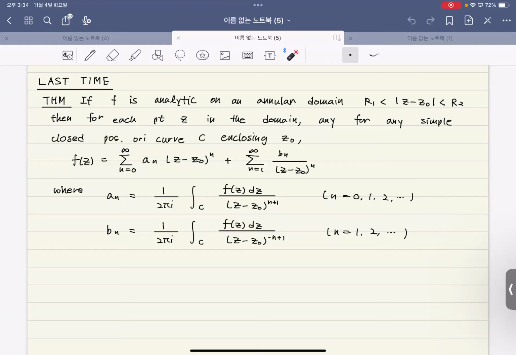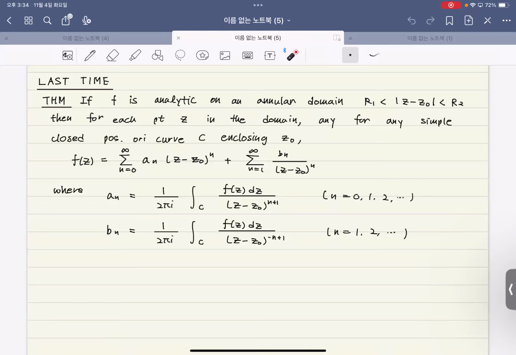The Laurent series is a series that, instead of having only positive powers of z minus z0, also allows negative powers of z minus z0. So this is the Laurent series, with coefficients an and bn.